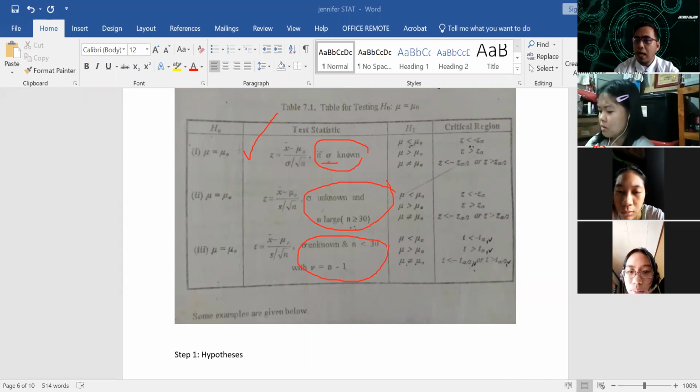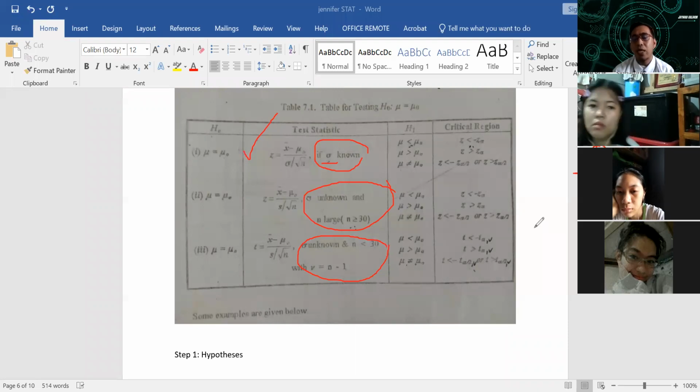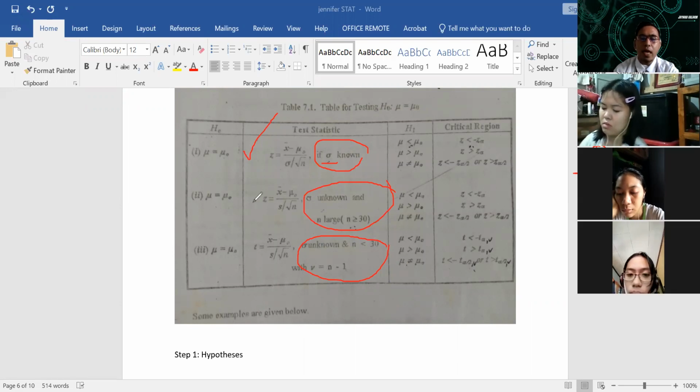But if the population standard deviation is not given, and the standard deviation is computed just from your sample, then it will be denoted by S. It means your population standard deviation is unknown. Clear? So if your population standard deviation is unknown, you use either case 2 or case 3.